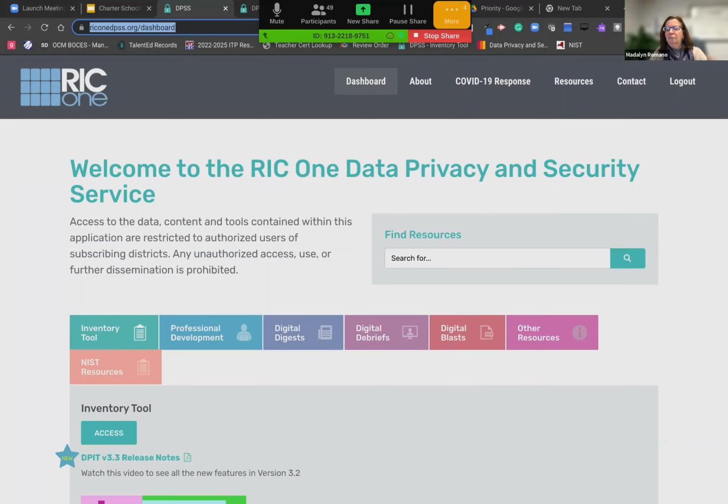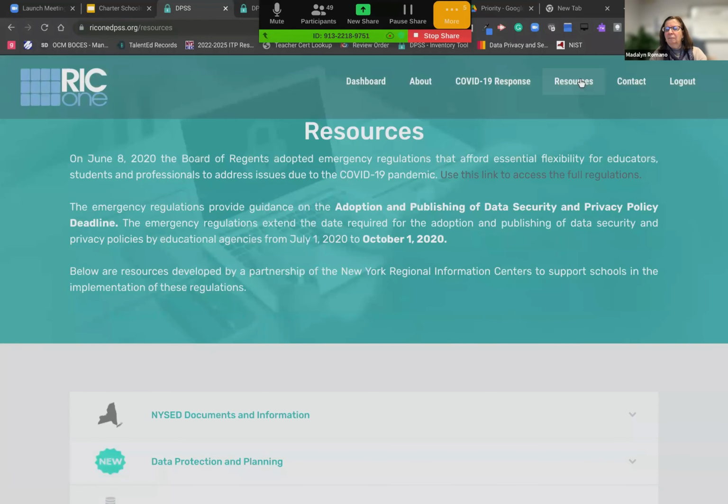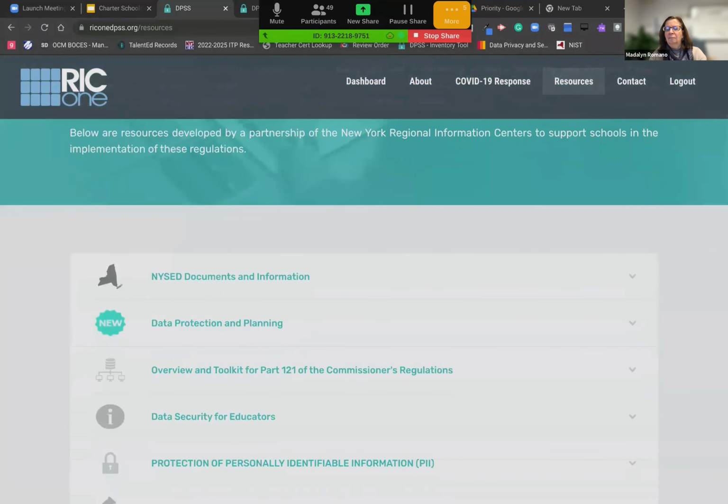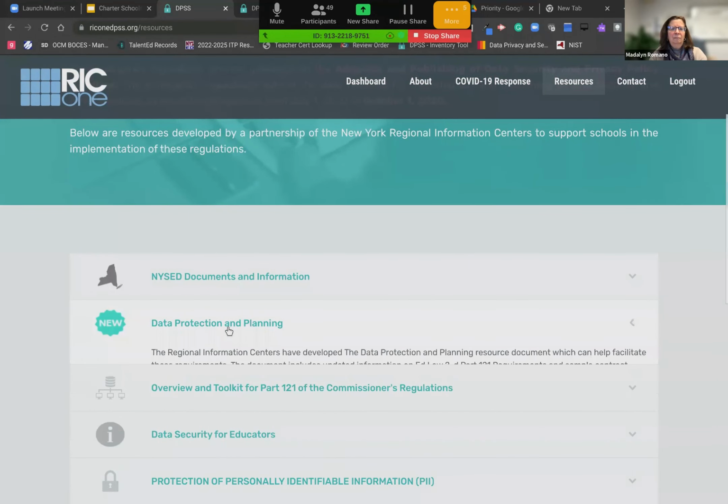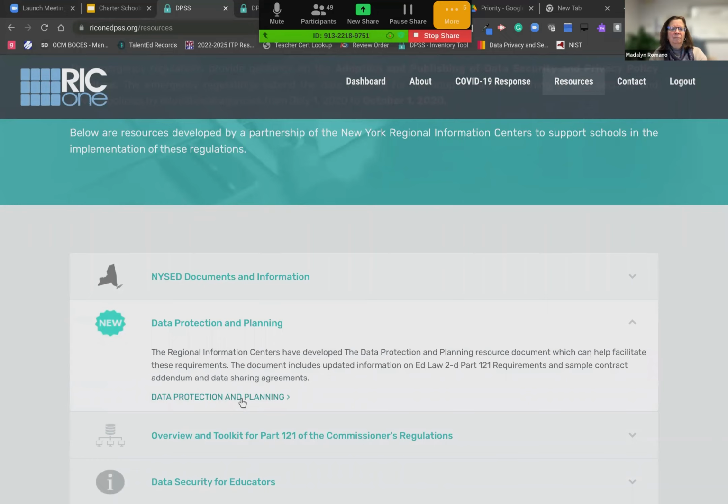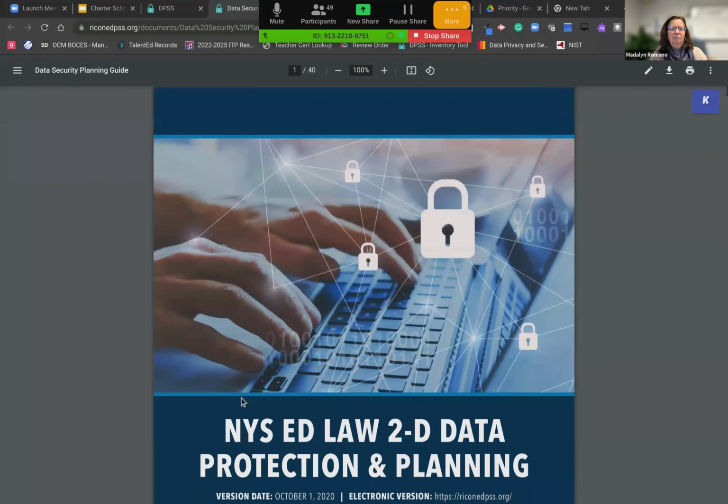If you go to ric1dpss.org and go to the resources tab, everything on this page is open to any school district in New York State that wants to learn more about Ed Law 2D. The one document that I really want to highlight is under the new section here, this data protection and planning document.